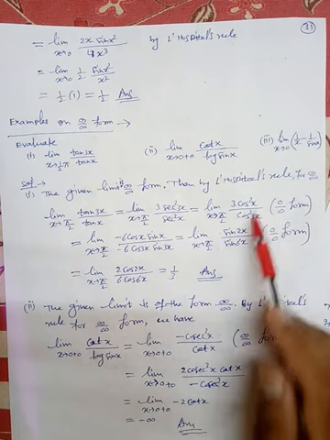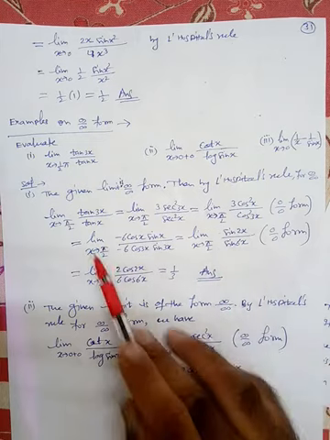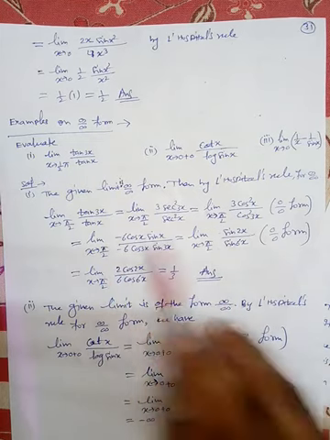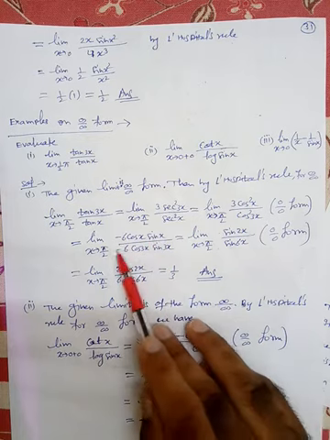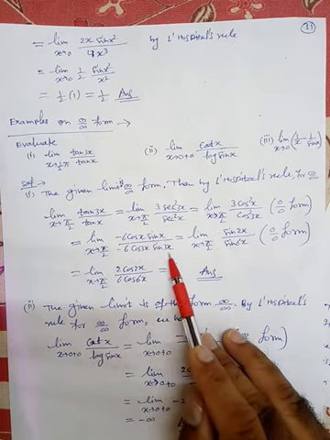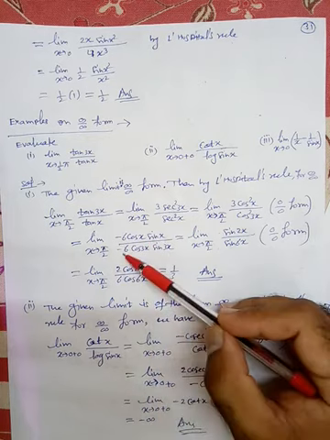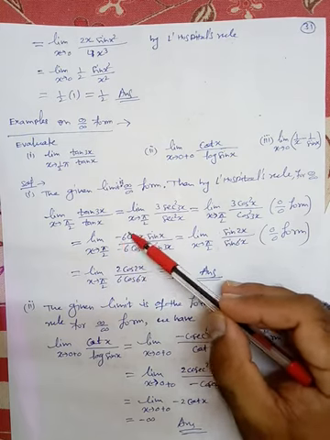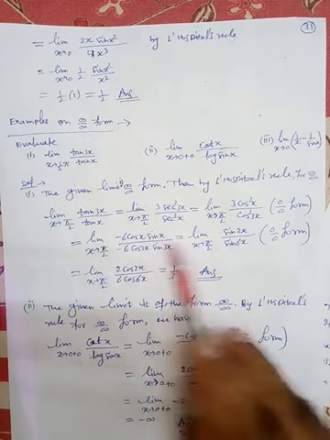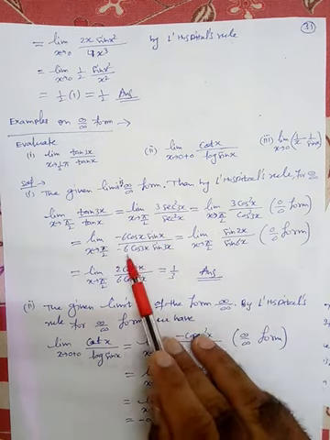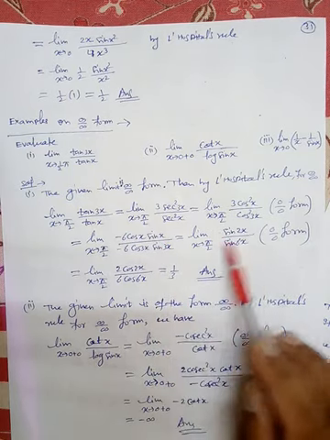Okay, so now apply L'Hospital rule here. Just differentiate this part. So minus 6 cos x sin x divided by minus 6 cos 3x sin 3x. Okay, here minus 3 cancels minus 3, we keep the 2 here, and 2 cos x sin x is nothing but sin 2x, 2 cos 3x sin 3x is sin 6x.